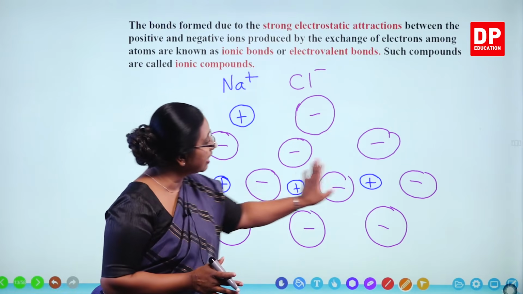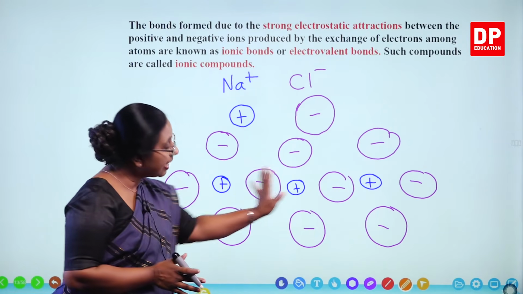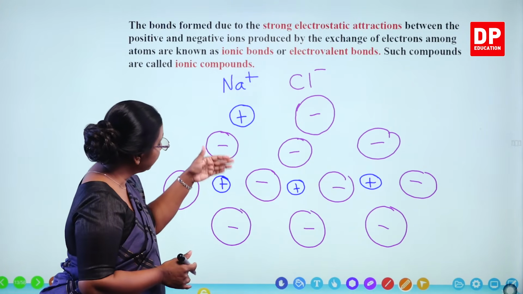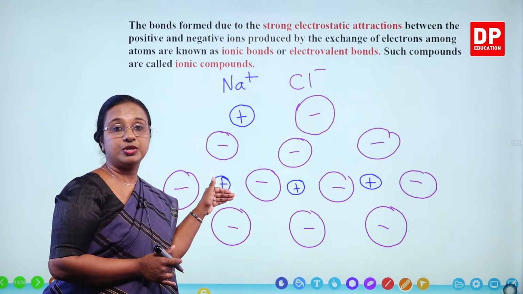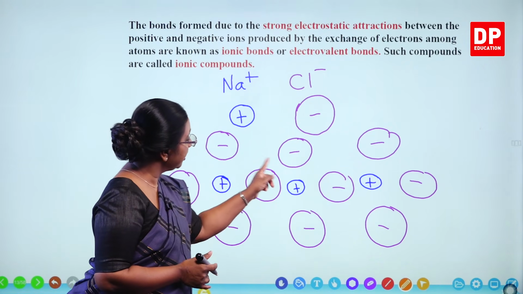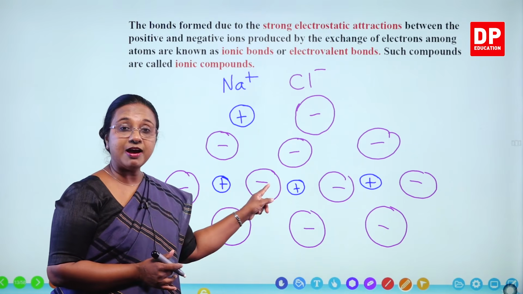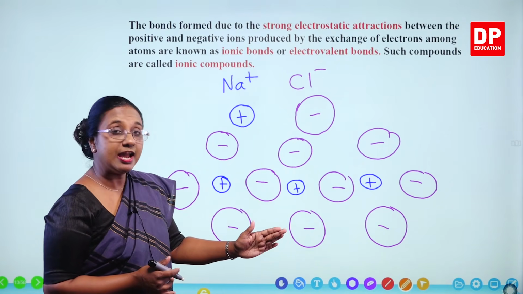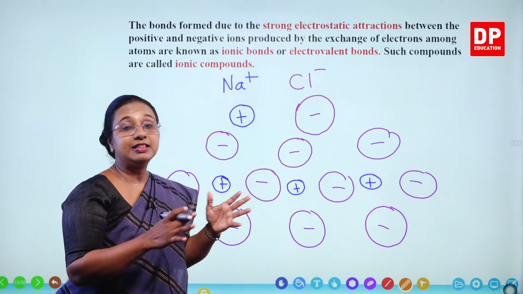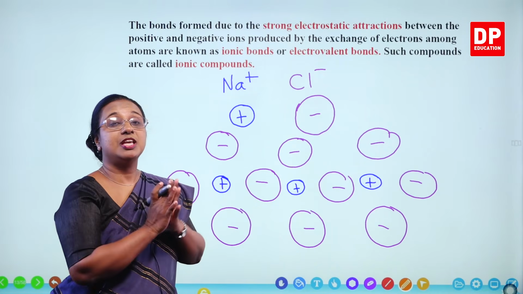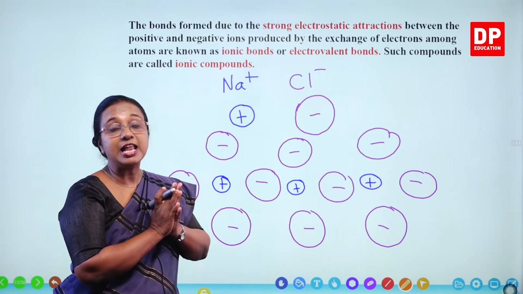So there will be another layer of ions here, another layer of ions. So there will be a negative ion in front and negative ion behind sodium ion. The same way, if you take the chloride negative ion, there will be a positive ion in front and a positive ion at the back. So like that, they arrange themselves into a three-dimensional array.